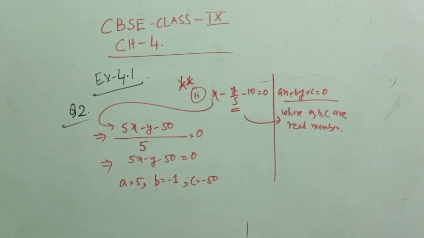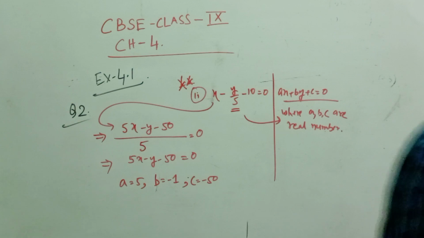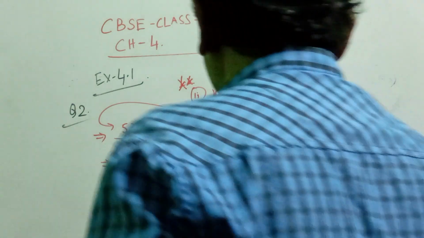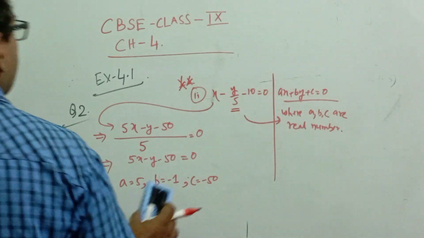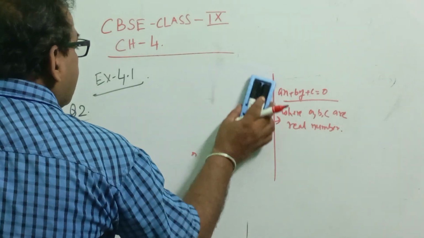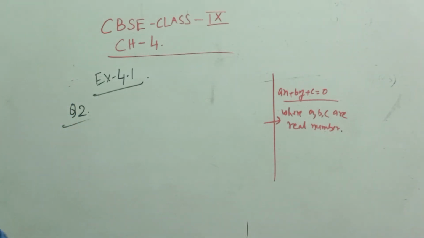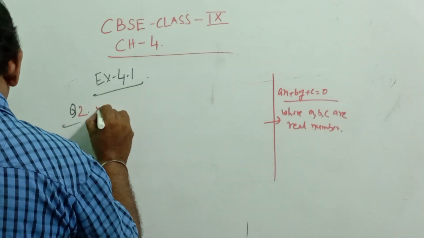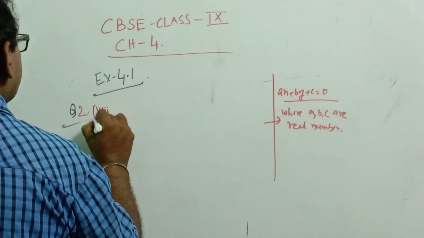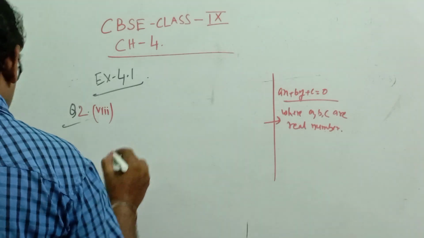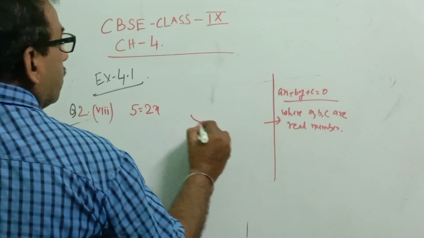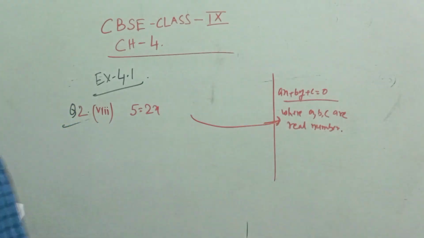Just practice the rest of the things, the same way. Let's see if we take that last one, that is question number 2. 5 is equal to 2x. Now write the standard form.